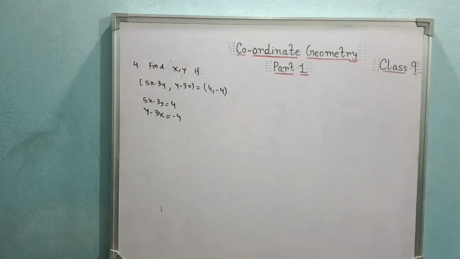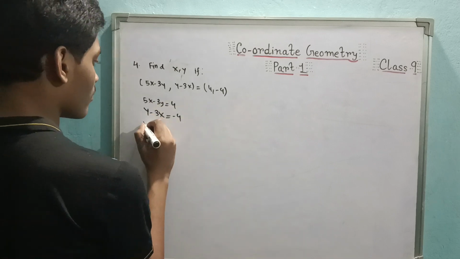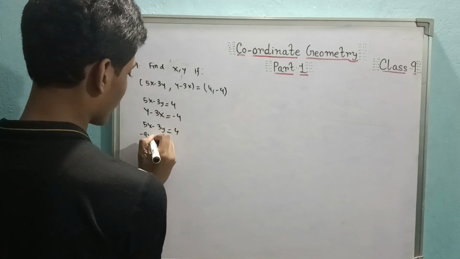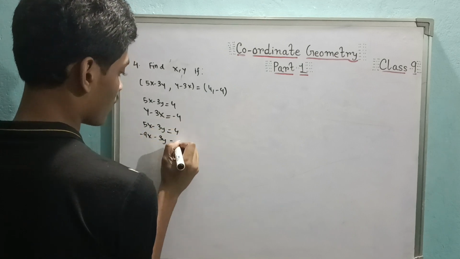Now, if you want to solve them simultaneously, which method do we prefer? We will prefer the elimination method. So if we multiply the second equation by 3, we get 5x minus 3y equal to 4 and minus 9x plus 3y equal to minus 12.